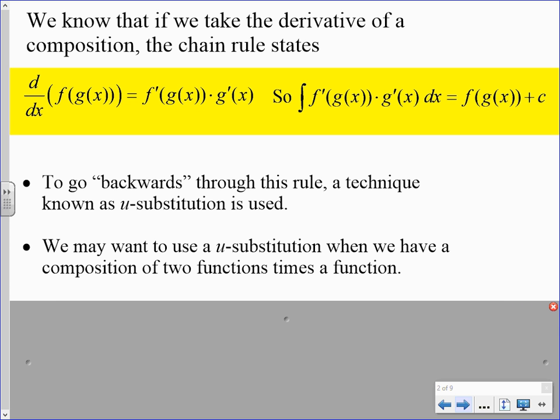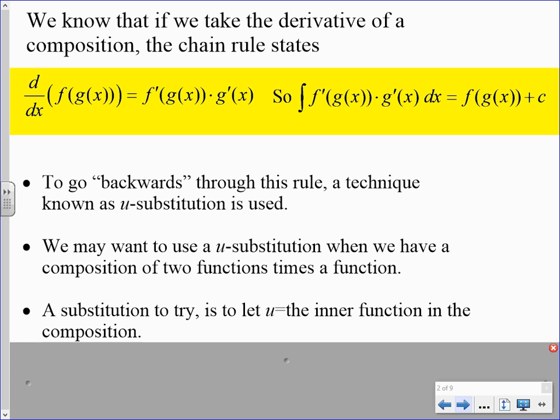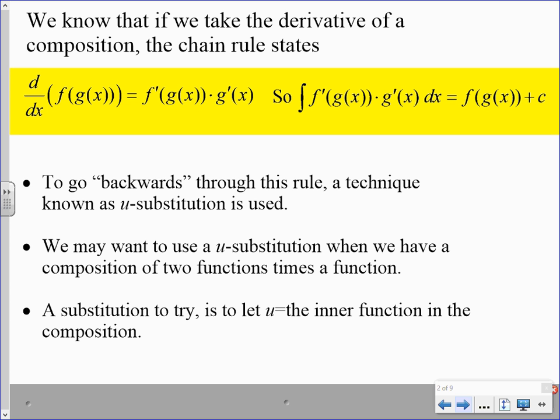When we do the U substitution, and I'll show you what I mean, we're basically going to pick a piece of this integral and set it equal to U, and then rewrite our integral in terms of U. So we're going to try to let the inner function of our composition be equal to U. Once we get through an example, I can point out a little bit more of why we want that inner function to be U.